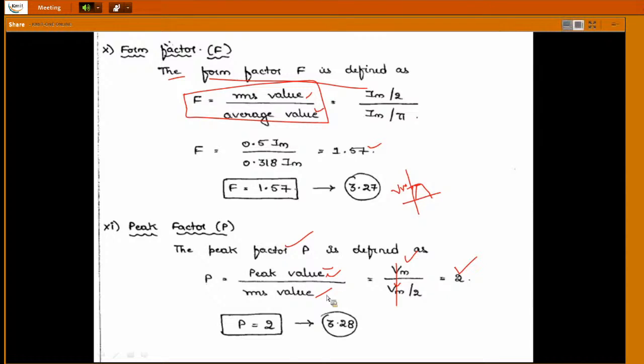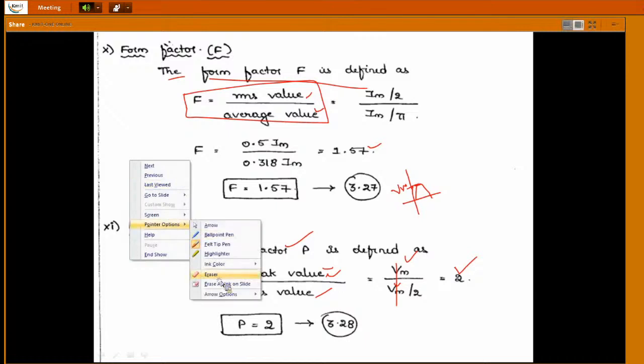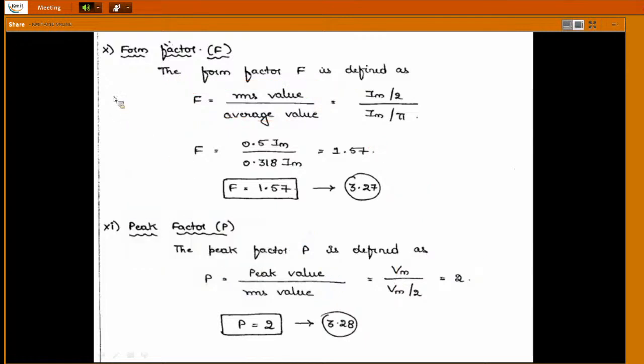Now these are the analysis parts of your half wave rectifier. What we discussed for the half wave rectifier, I'm summarizing briefly. First, we started with the DC current or the average current. DC current is given by maximum current Im by pi, and DC voltage is given by VDC is equal to Vm by pi.